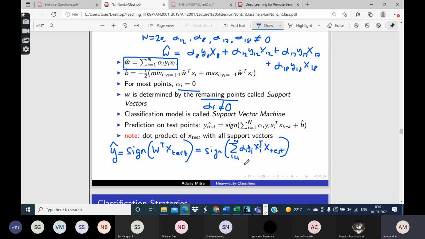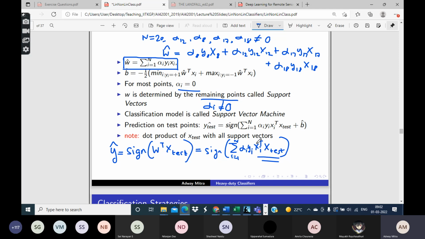If you look at this expression, what is happening is that we are taking the dot product of the test vector with each of the support vectors. For the other vectors, of course, alpha is 0, so we can just ignore them. Taking that dot product is useless because the product is going to be 0 anyway. So we will take the dot product of the test vector with each of the support vectors, multiply them by these constants, and then add them up.